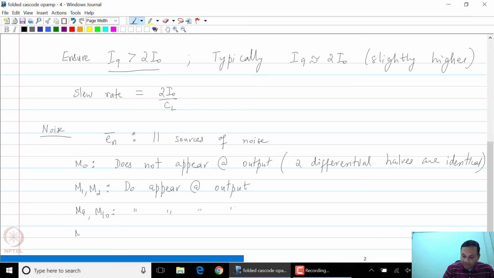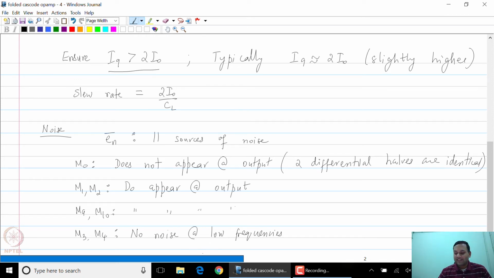What about noise of M3 and M4? At low frequencies, they do not produce noise. I again point out that this is true at low frequencies.